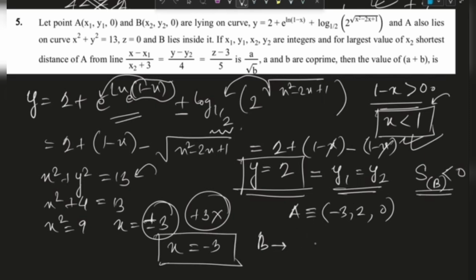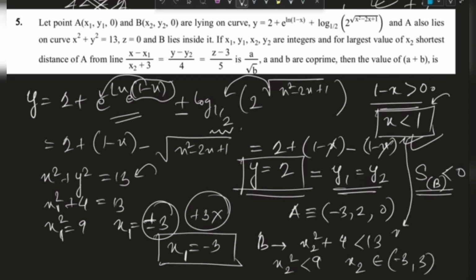So basically, this particular thing is x1, I forgot to write. Now we can write this as x2 square plus, I'm not writing y2 square, I'm directly writing 4, this is 13. So x2 square is less than 9, or x2 belongs to minus 3 to 3, but now we also have another condition here, which is x2 is less than 1, so I will try to bring out the common region.